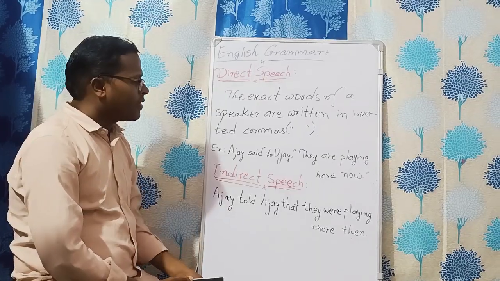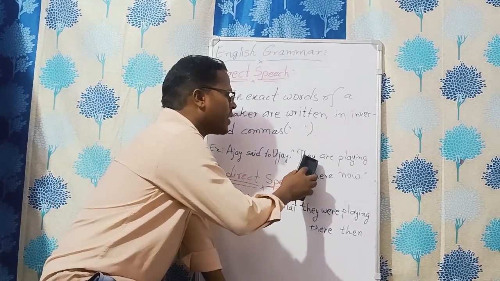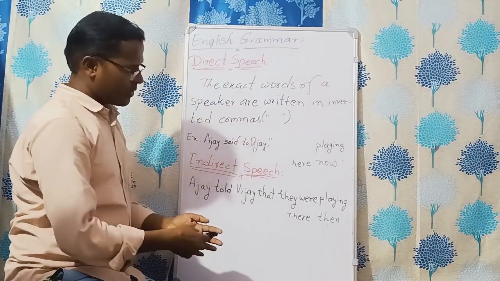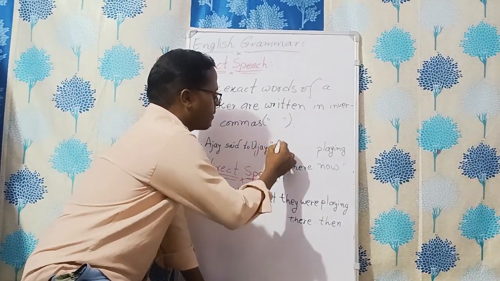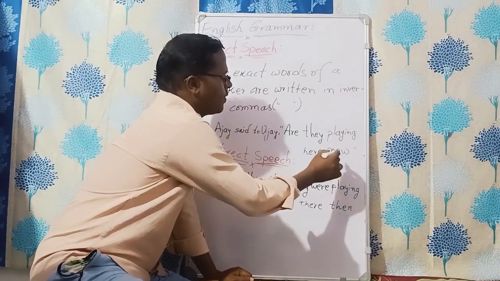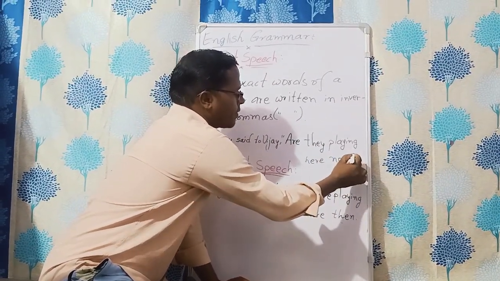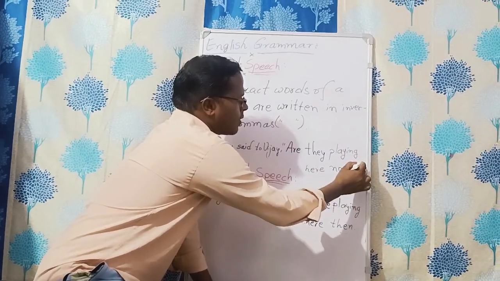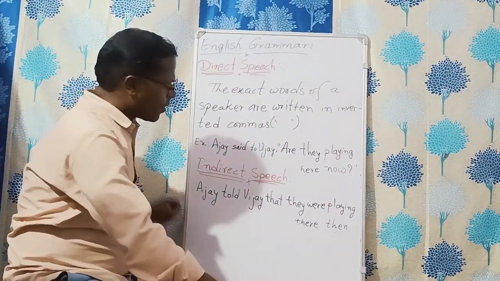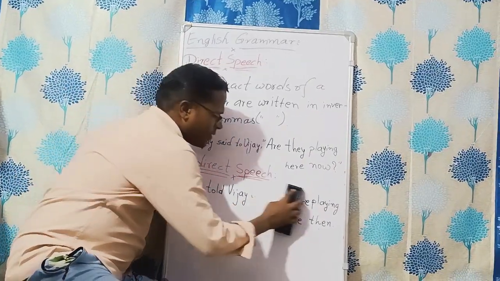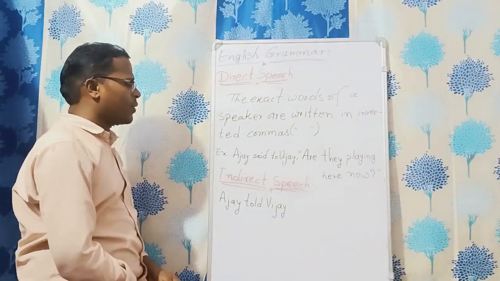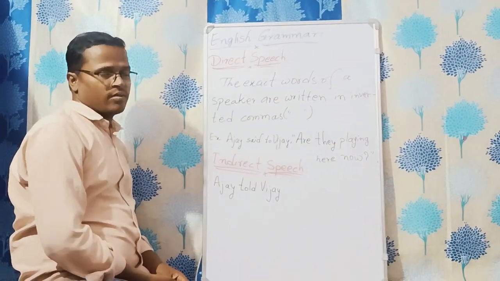If the sentence is an interrogative sentence, for example, 'Are they playing', this is an interrogative sentence. Got it? Now how do we change this sentence into indirect speech?